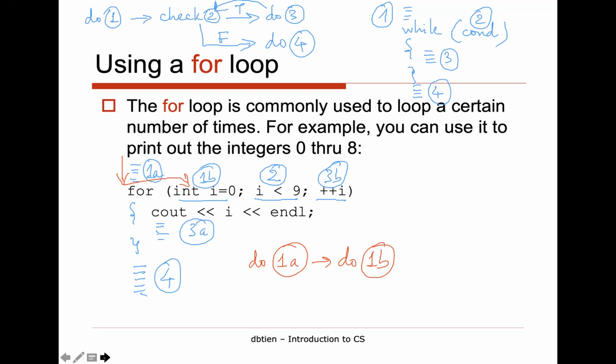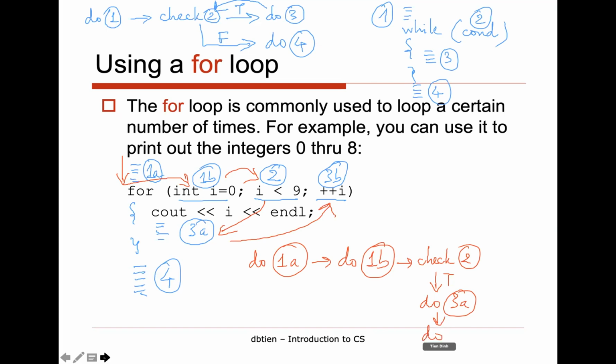And then I will go into 2. I will check number 2. If number 2 is true, I will do the 3A. And it comes back here to do the 3B.